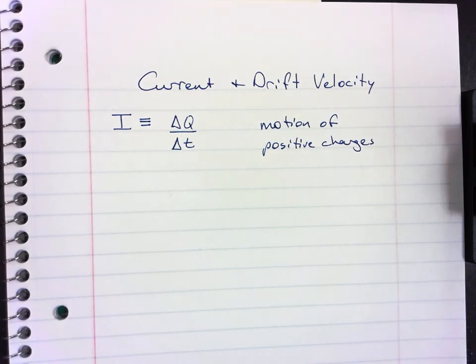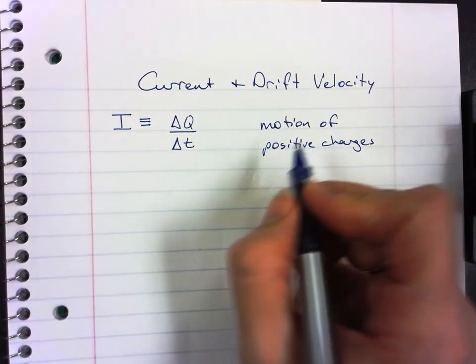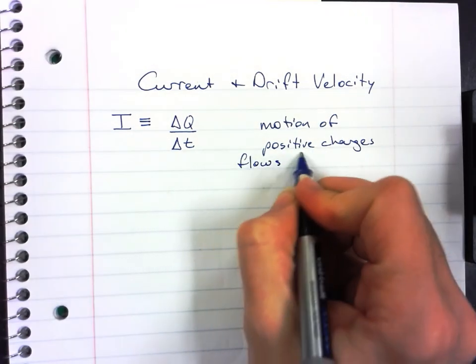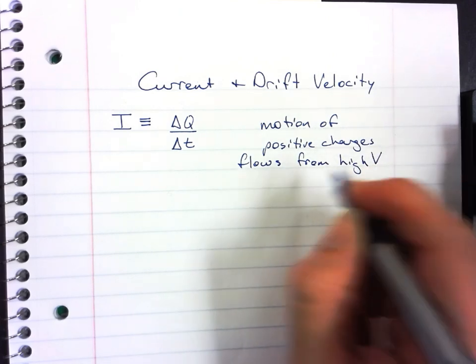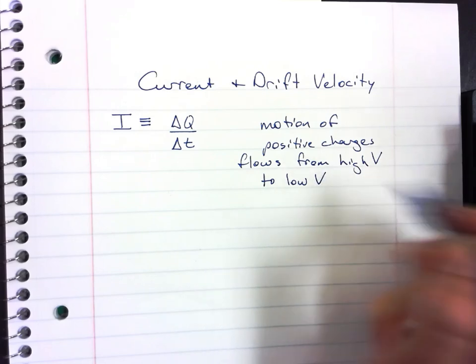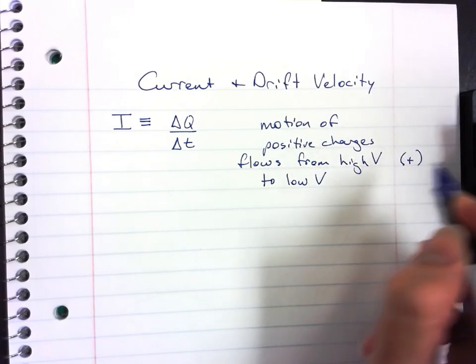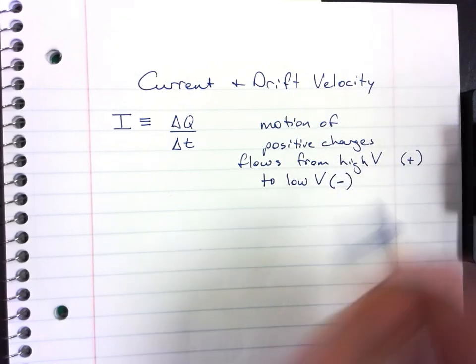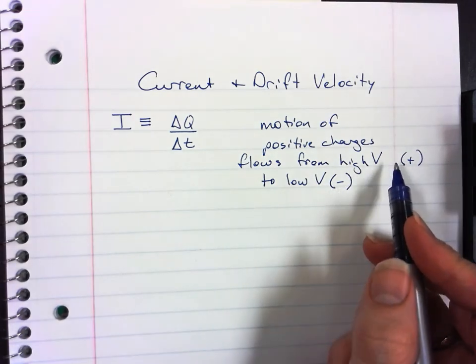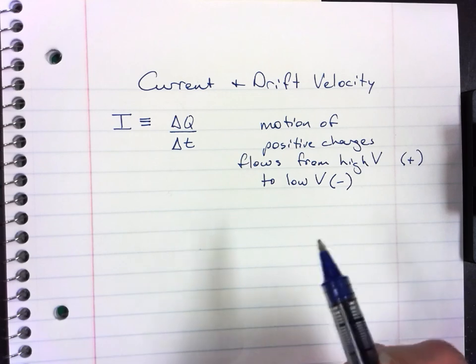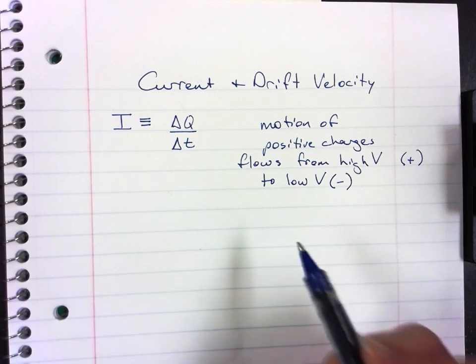But there's a current, and we are going to find that current flows from high potential to low potential, or positive to negative, because negative is obviously lower than positive. Now, we now know it's electrons. Electrons are negative.